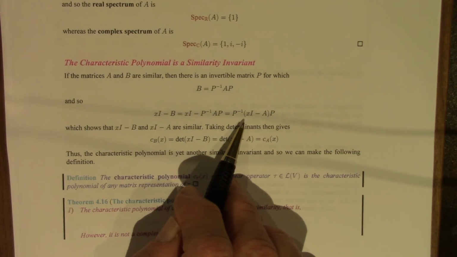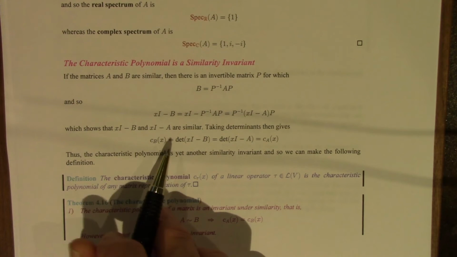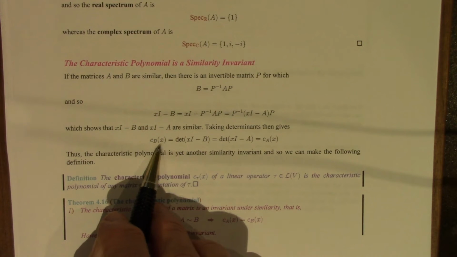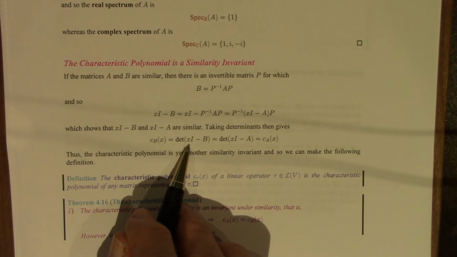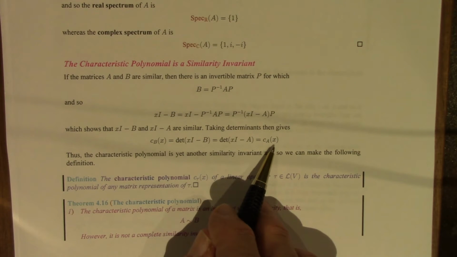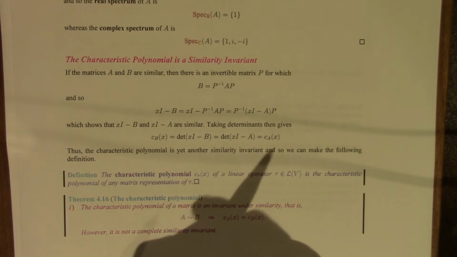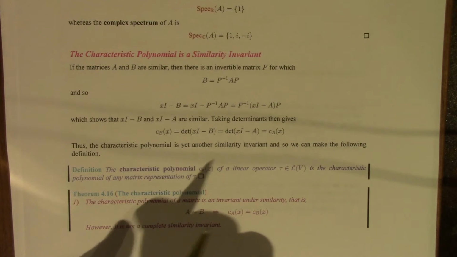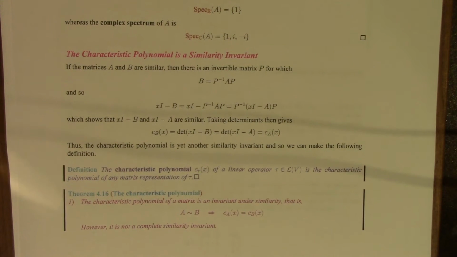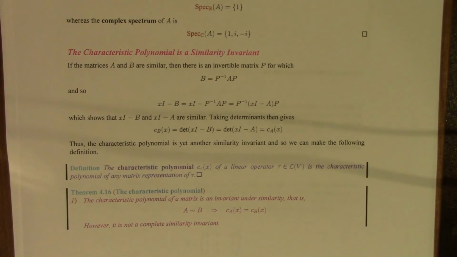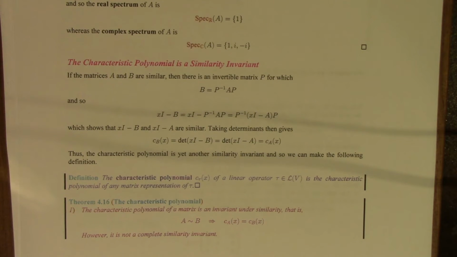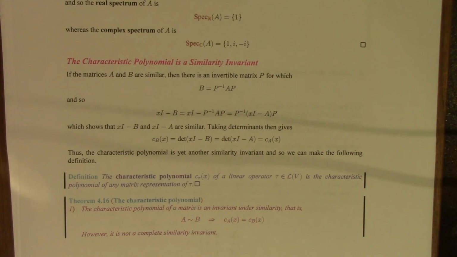Taking determinants shows that the characteristic polynomial of B is equal to the characteristic polynomial of A. So the characteristic polynomial is yet another similarity invariant. Similar matrices have the same characteristic polynomial.